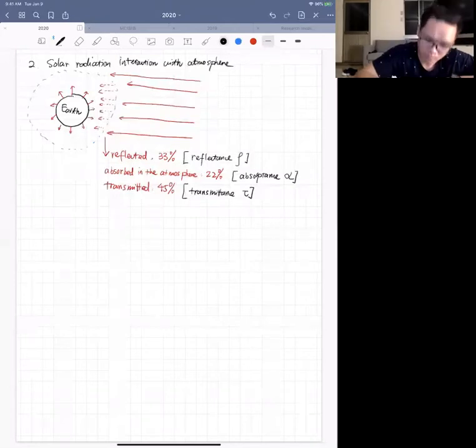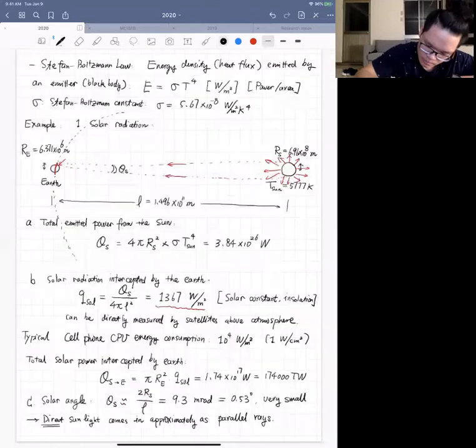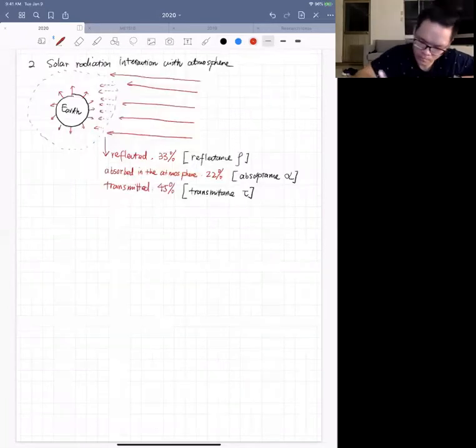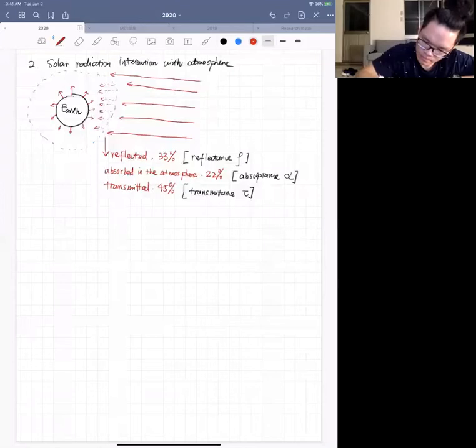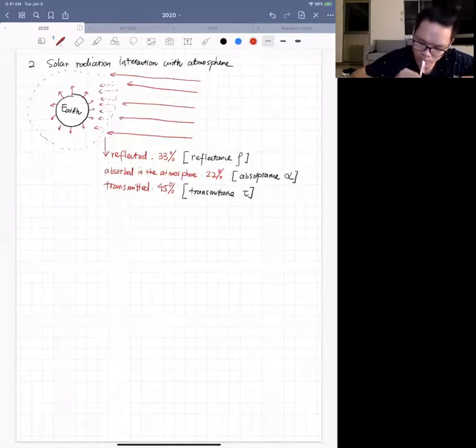Now from the previous discussion, we have this amount of energy we receive on Earth, but only about half of this energy can reach the surface of the Earth. Another calculation you can do is to calculate the fraction of land area on Earth compared to ocean, where it's hard to set up solar plants.